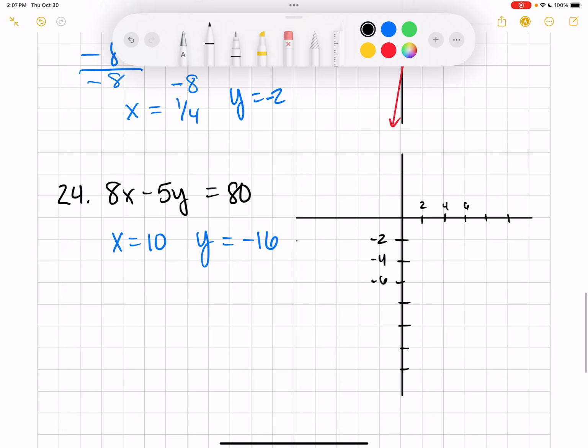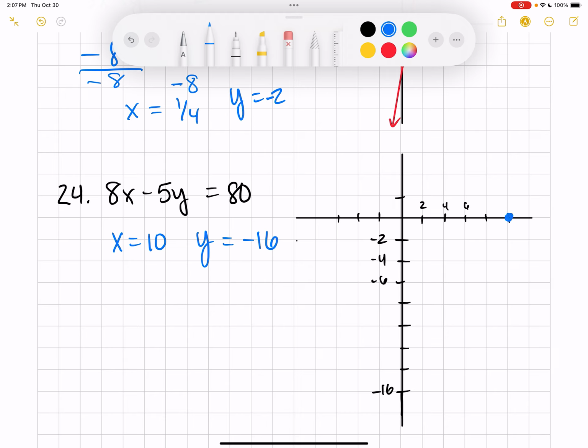I didn't make my graph big enough. So all the way down to negative 16 there, I counted by 2s. I'm only working on this part of the graph, so I'm not worried about the other ones. At x equals 10, I'm going to put a dot here; I counted by 2s, so that's right there.